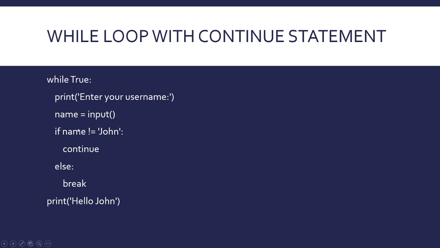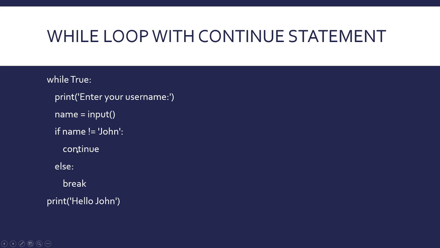If the username is not equal to John, the continue statement will go back to the starting of the while loop, and it will again print enter your username until the user enters the correct username. The while loop will keep on executing.